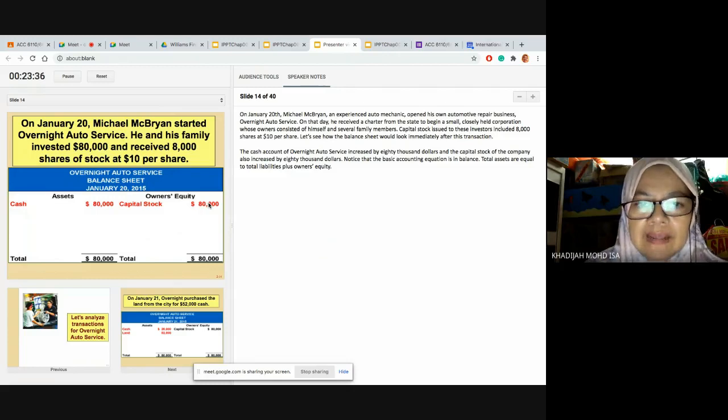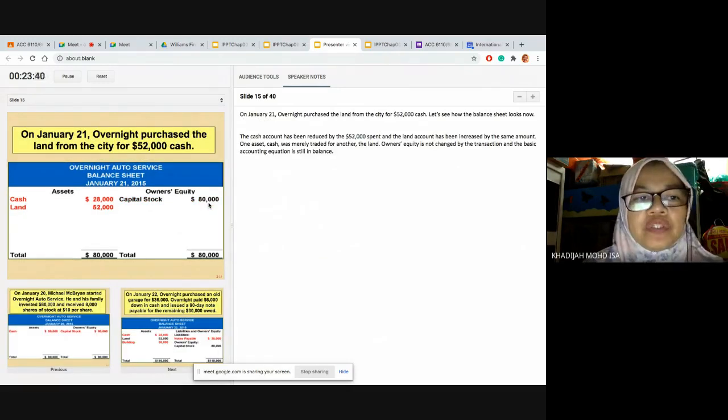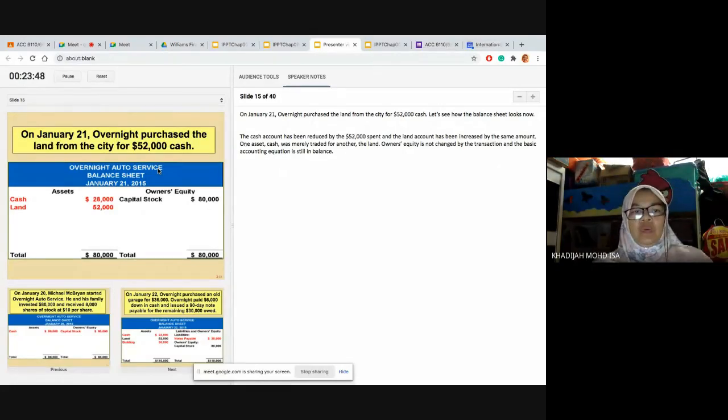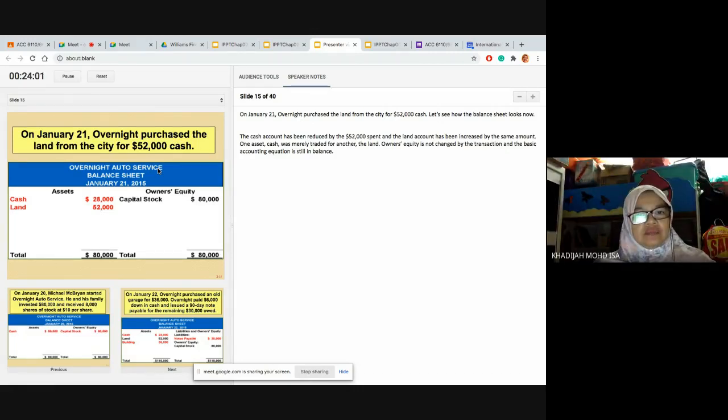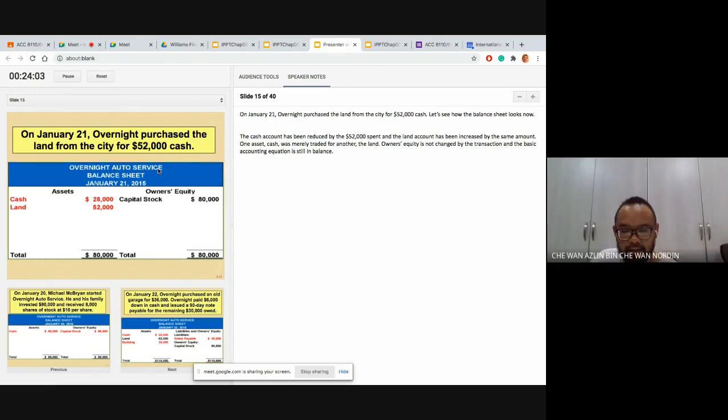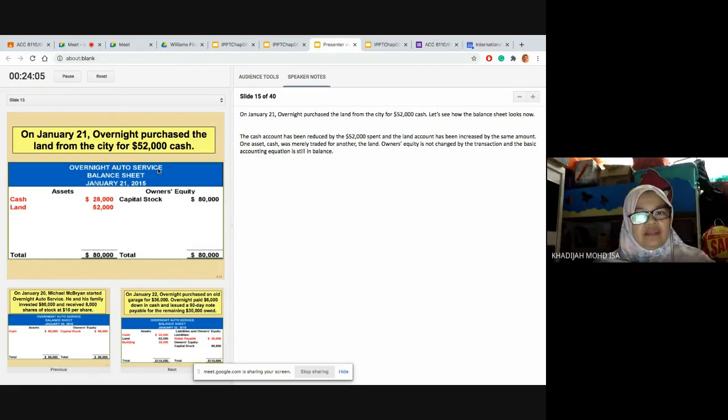Clear? Okay. Then on January 21st, the company purchased the land from the city for 52,000 cash. What happened to cash? It is reduced by 52,000 because you use the money.